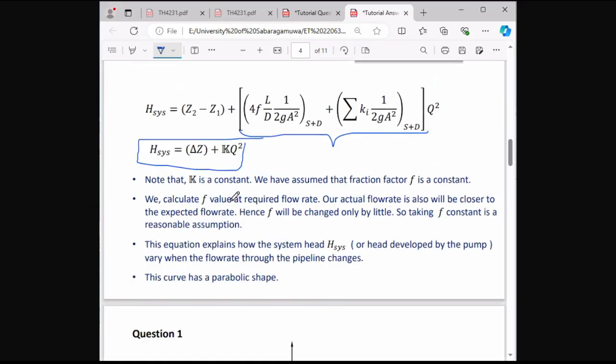We calculate the F value at the required flow rate. Our actual flow rate will also be close to the expected flow rate. Hence, F will change only a little. So taking F constant is a reasonable assumption.